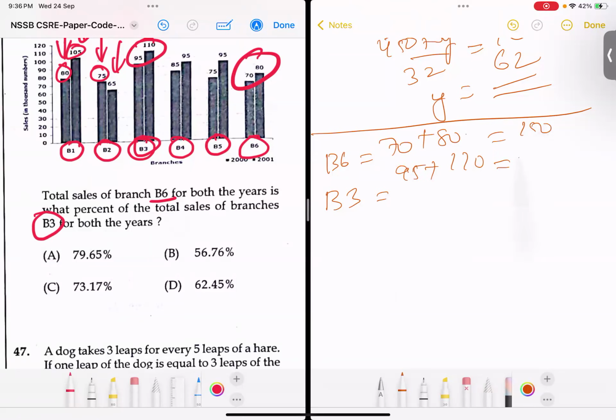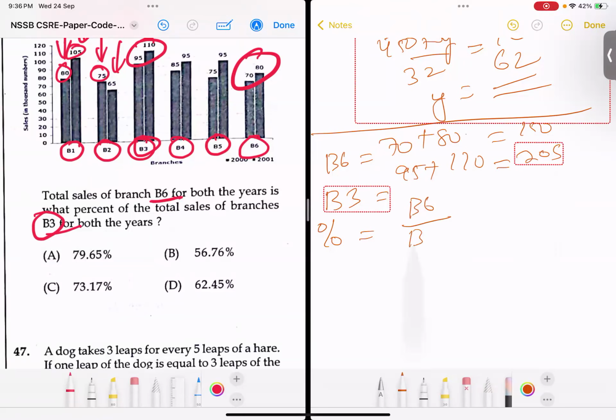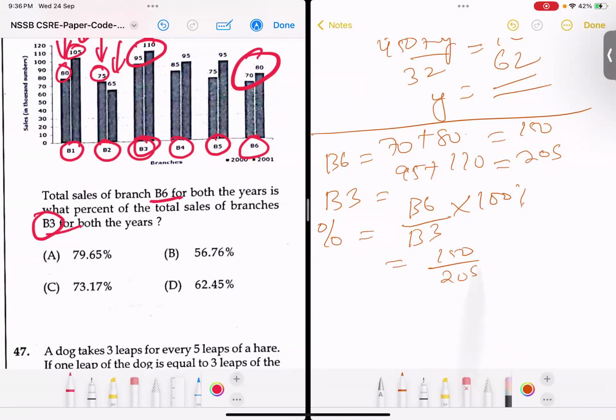This will be 205. Now we are just asked to find the percentage, right? B6 is what percent of B3. So B6 is what percent of B3 into 100%, right? So it will be 150 divided by 205 into 100%. So this will give 73.17%. Okay.